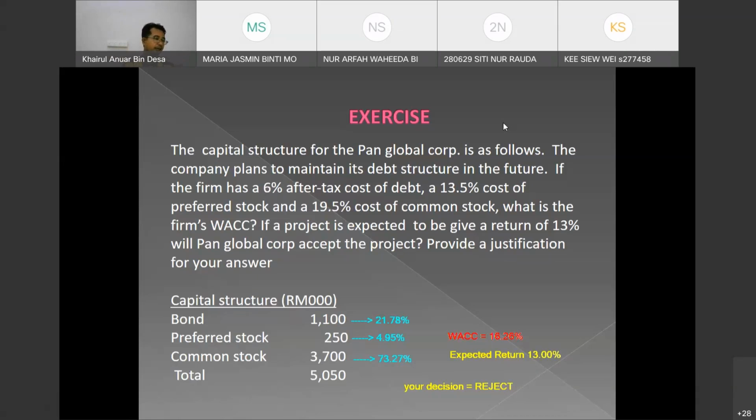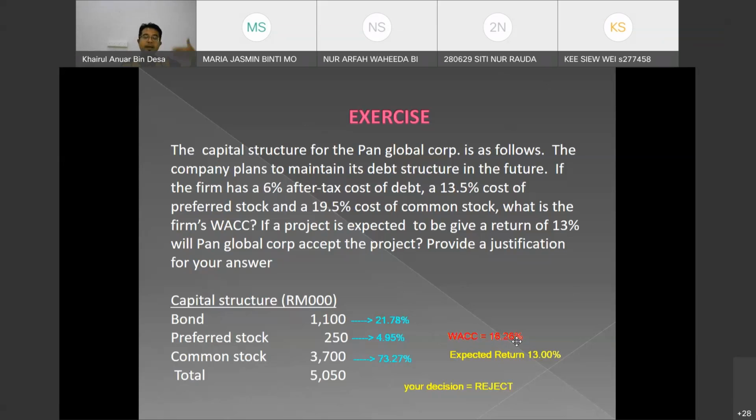So if anybody asks you what is actually the WACC, WACC is the required rate of return for the company. So if given here in the question, expected rate of return, we have to compare. If the expected rate of return is higher than WACC, aka required rate of return, we accept. In this question, WACC, aka required rate of return is 16%.